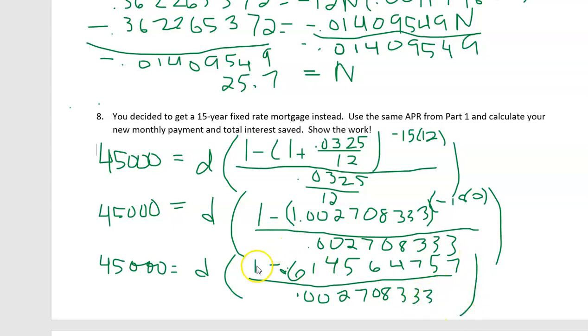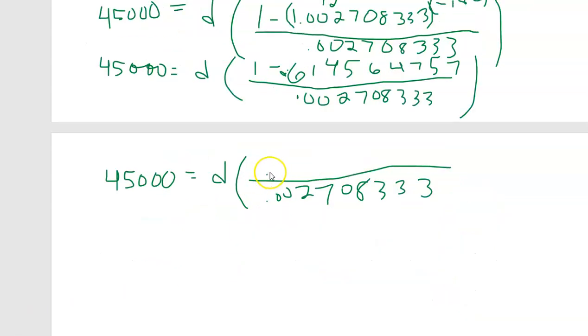Next, in our calculator, let's take 1 minus this number. I get 0.385435243.